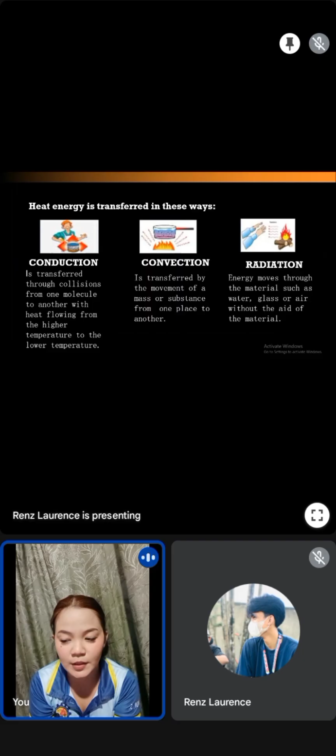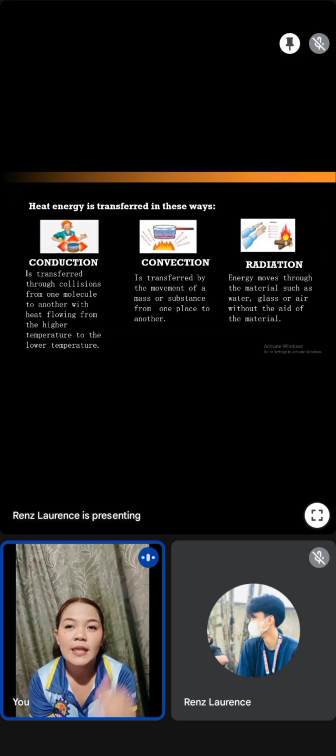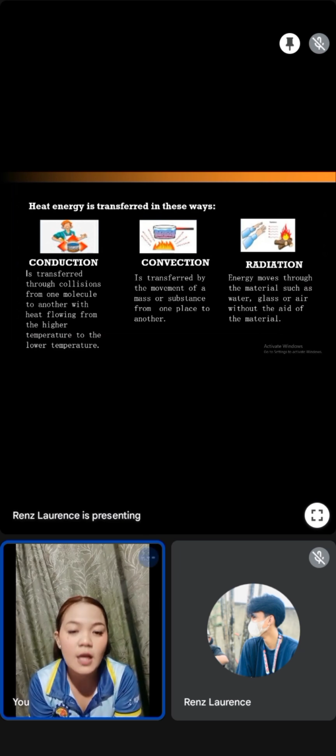So for example, the bonfire. If you are near, or dili ka kaayo closely nga duol gid kaayo sa bonfire, maka-feel ka og init. That feeling nga naka-feel ka og init nga duol ka sa bonfire, that is what we call radiation.